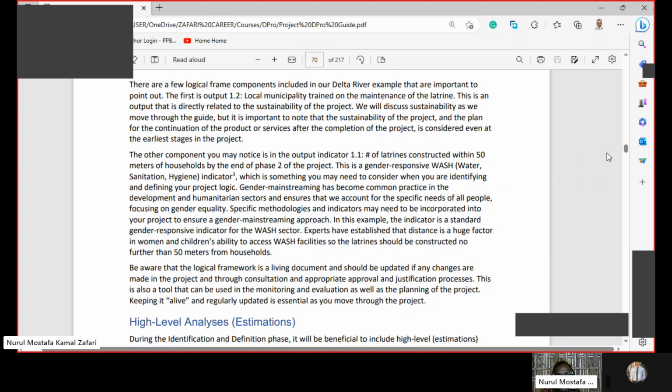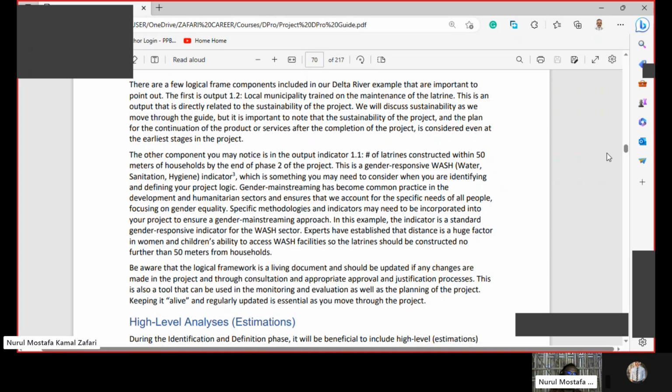Be aware that the logical framework is a living document and should be updated if any changes are made in the project, through consultation and appropriate approval and justification processes. This is also a tool that can be used in monitoring and evaluation as well as the planning of the project.